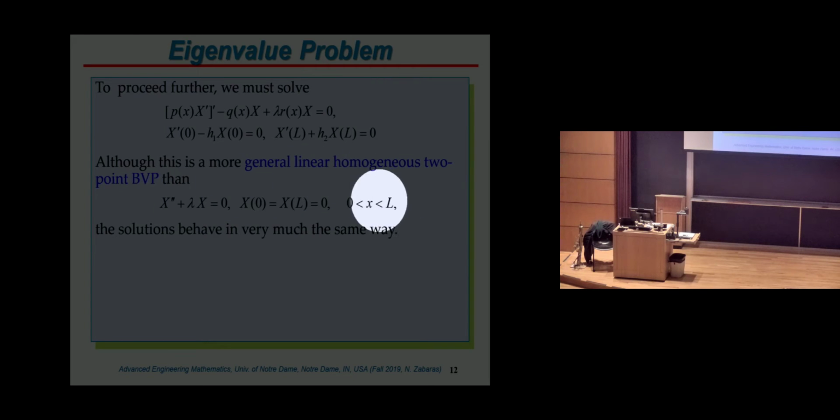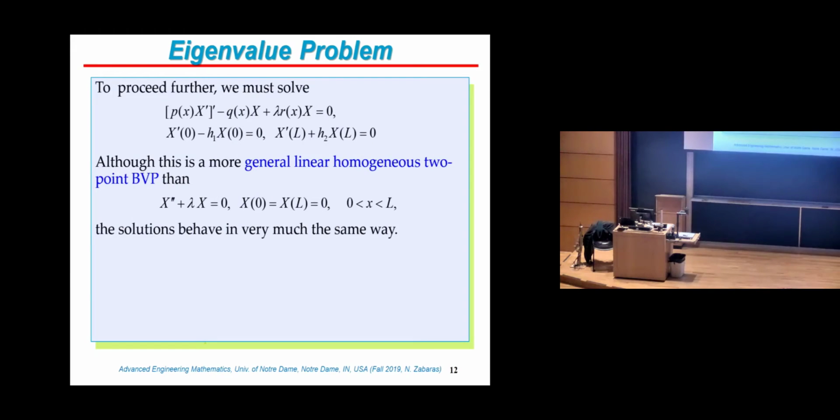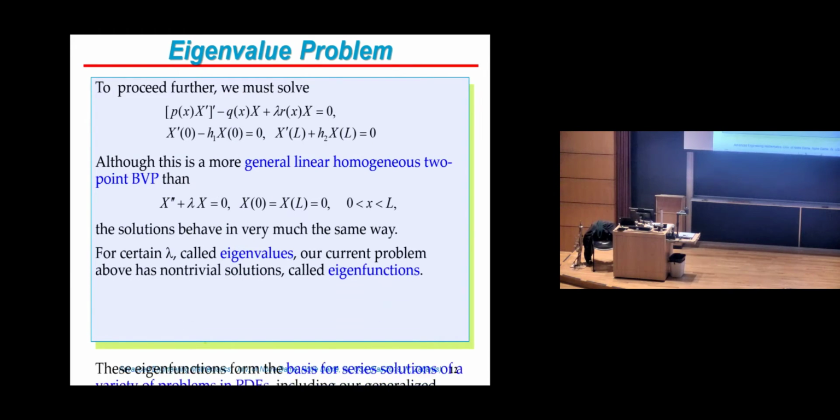But you have to trust me. The same way we computed eigenvalues for this nice problem, we should be able to compute eigenvalues for this nice problem. And the same way we computed eigenfunctions, where we got sines, we should be able to get something out of this. Maybe they're not sines and cosines. Maybe they're something else. Okay?